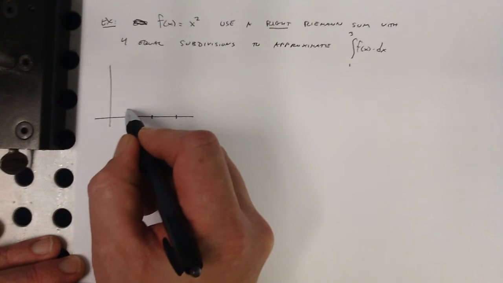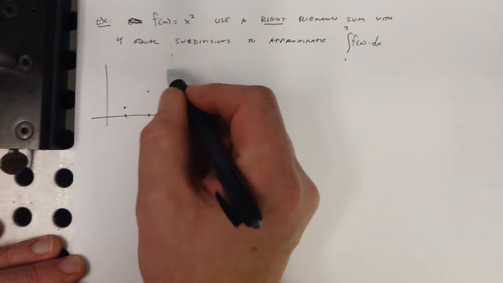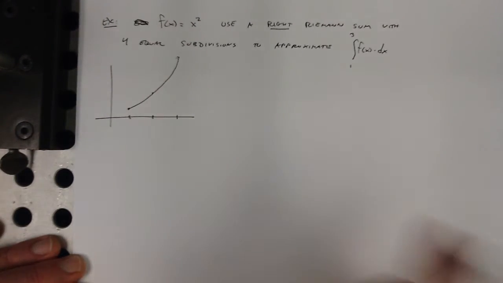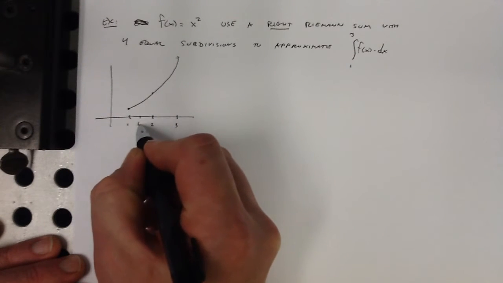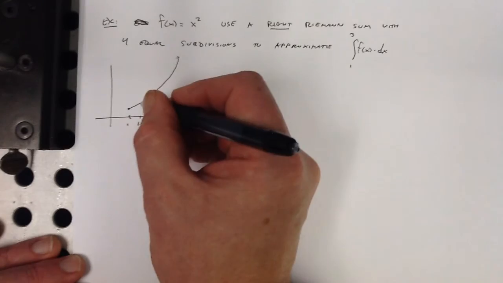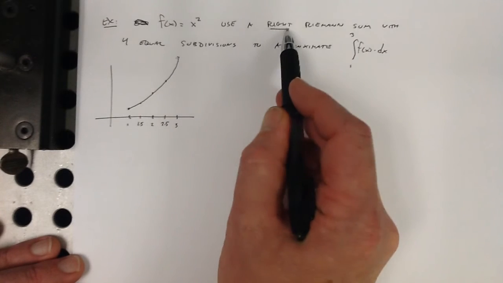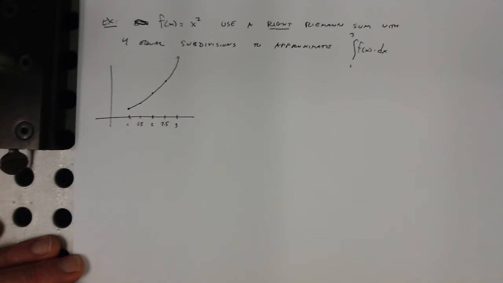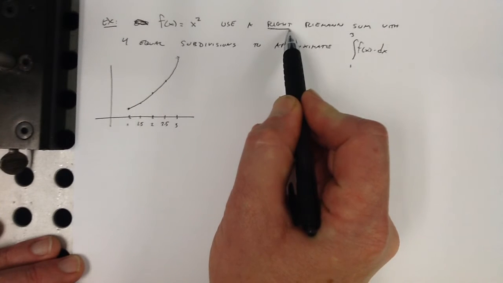You don't need to make a sketch to do these problems, I think, but sometimes it helps. So here's one. This would be at the point 1, 1, and then 2, 4, and 3, 9, right? It's part of this parabola like this. And since we're doing 4 equal subdivisions, I think we also probably want to have the point here at 1.5 and at 2.5. Right? Now, to do a right Riemann sum, right means that instead of just randomly picking a point inside this interval, we're going to always pick for our rectangles the very rightmost edge of the subinterval.